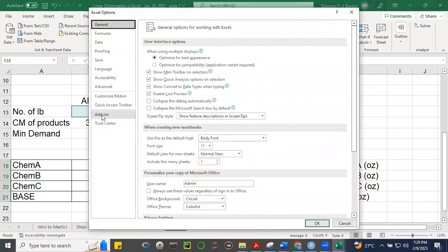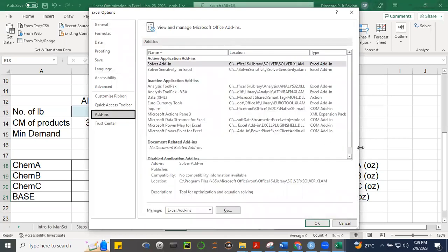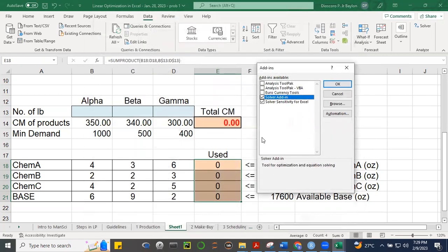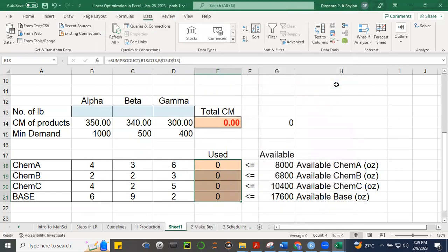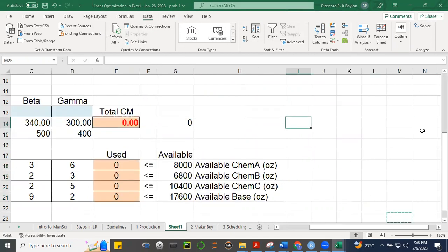You will see below Manage Excel Add-ins, and Go. And then here you have Excel Solver Add-in. You have to click this and then OK. Once you do that, when you go to Data, the Solver will now appear. Okay, so let's now go to Solver.